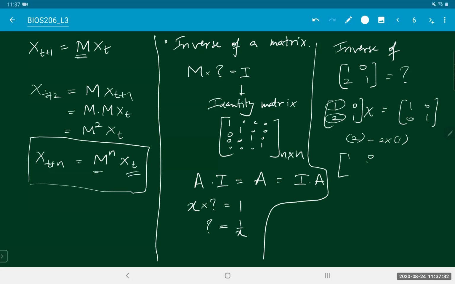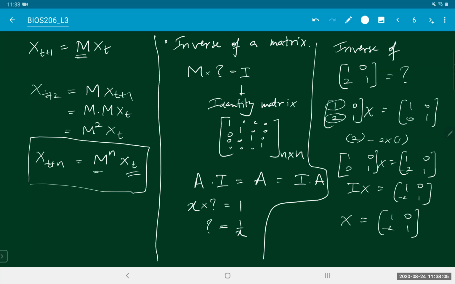So I get 1, 0, 0, 1, X. And of course, I must do the same thing on this side. 0 minus 2 times 1 is minus 2, and 1, 1. So this is just I times X is 1, 0, minus 2, 1. Or X is 1, 0, minus 2, 1.